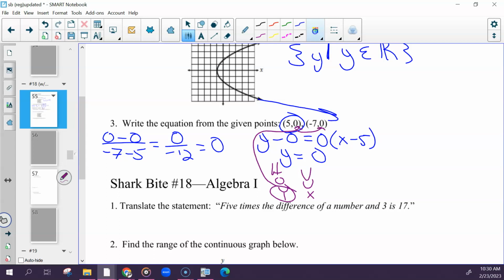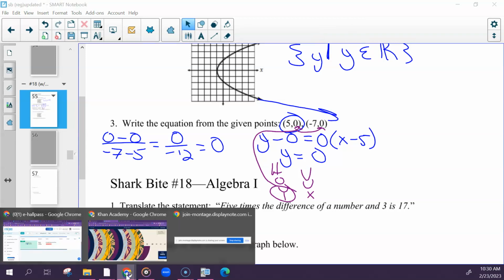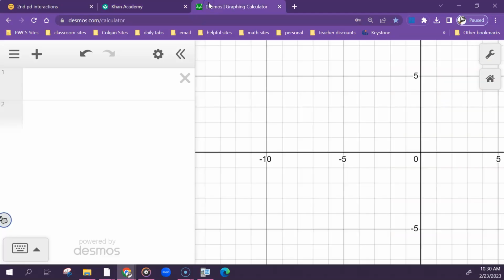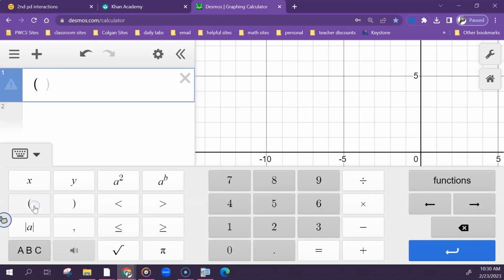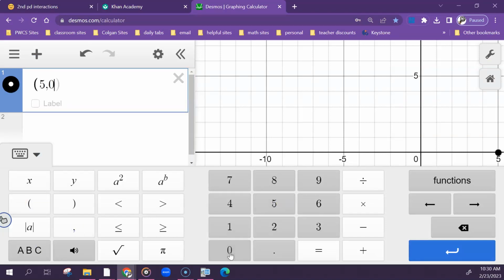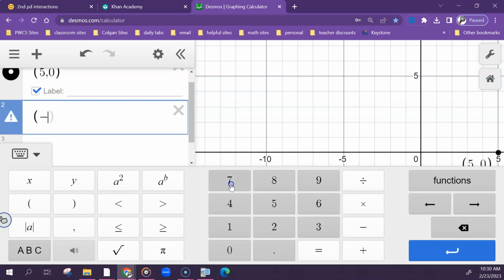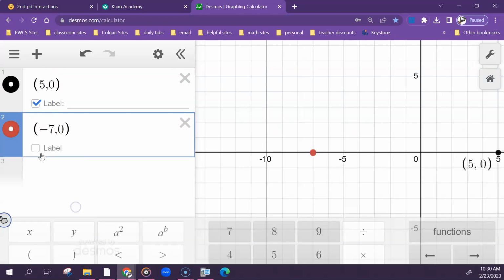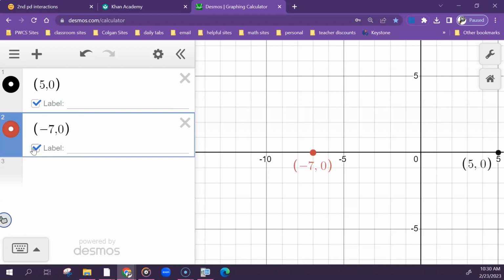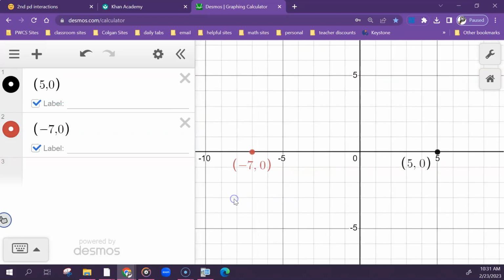Desmos is kind of the same thing. So what you could do is plot these points. Notice that both of these points fall on the same horizontal line. So you have to know what that means.